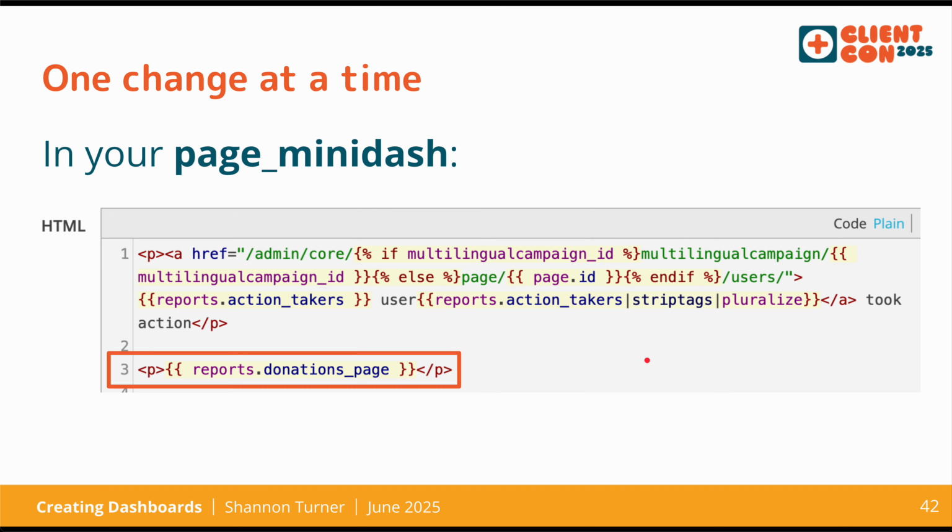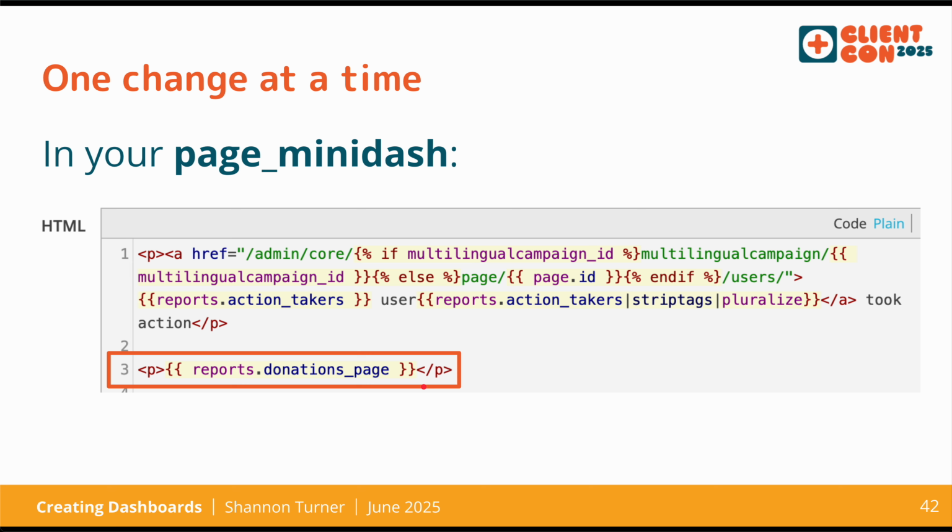So we have our donations page report that we created. Let's add that report to our dashboard. You're going to need the short name of the report from the earlier slide, which in this case is donations page. And you might be tempted to add more than one set of changes at a time, like adding all of the new stats at once: how many donations came in, what was the total amount of money raised, what was the average.